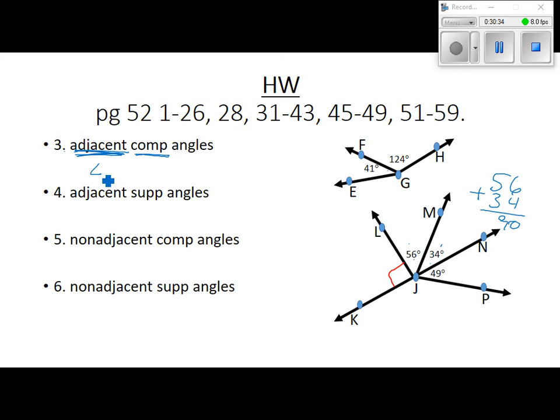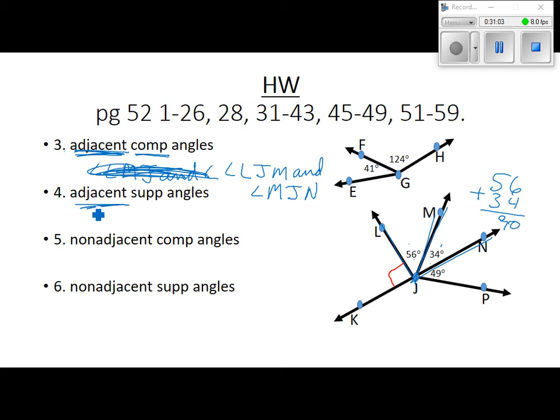So we're going to name those angle LMJ and angle MJ. No, hold on, I named that wrong. Jeez, that's horrible. Angle LJM and angle MJN. That's what happens when you get in a hurry.